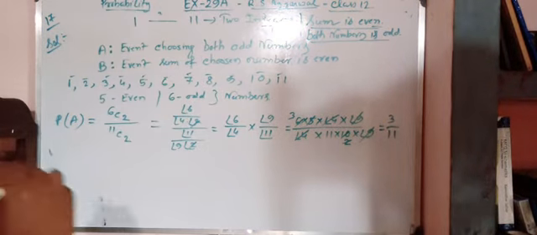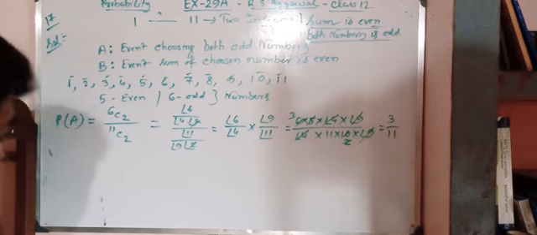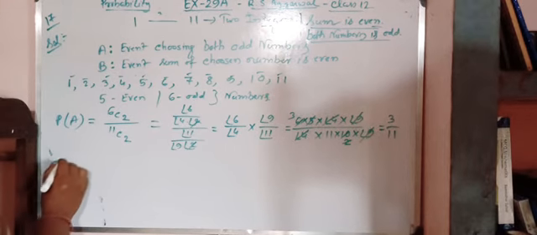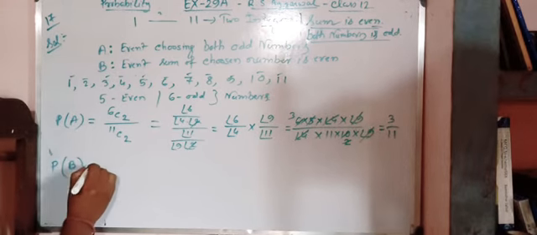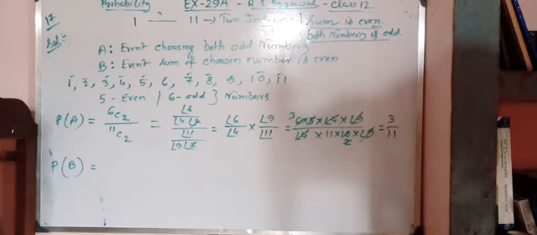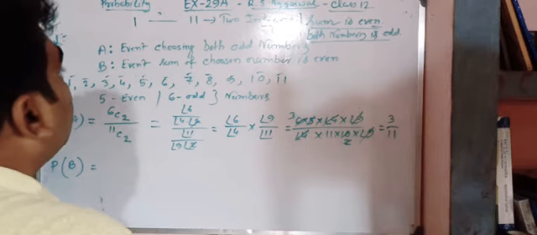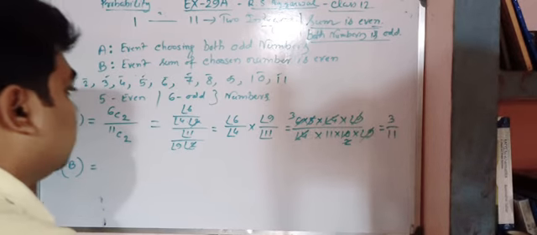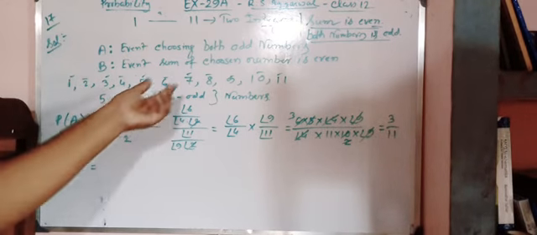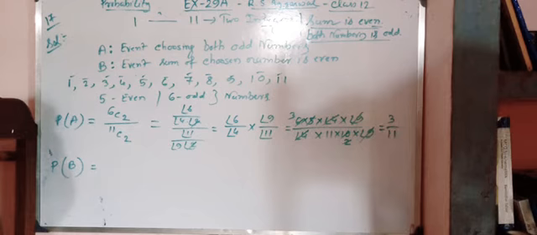So this is the probability of A, and now the probability of B. What is the probability of B? It is the event that the sum of the chosen numbers is even.